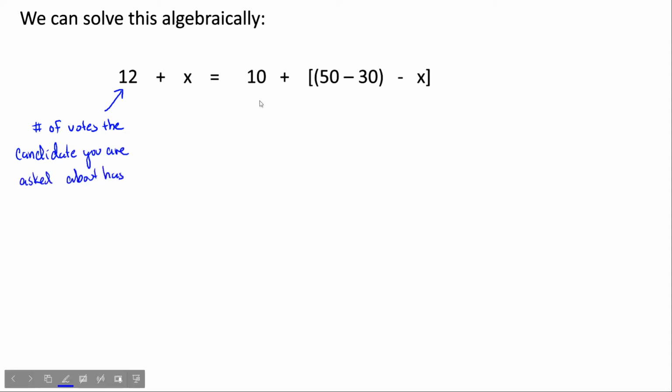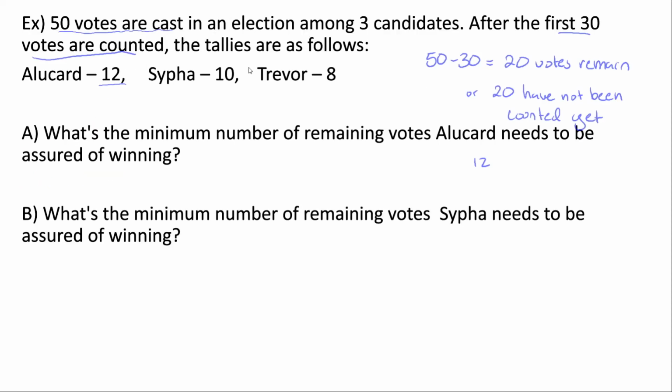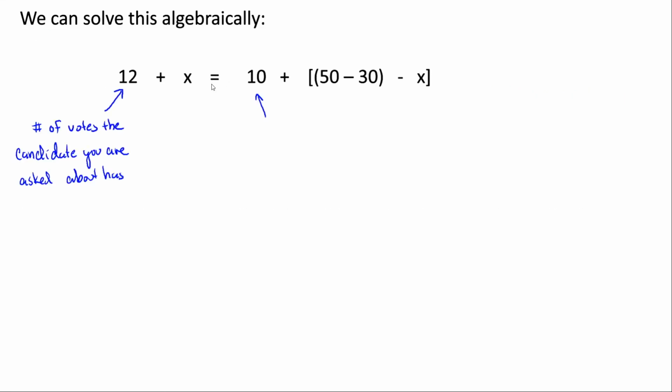The next thing we'll talk about is this 10. We were asked about the candidate in first place. So the 10 here is the number of votes the second place candidate has.